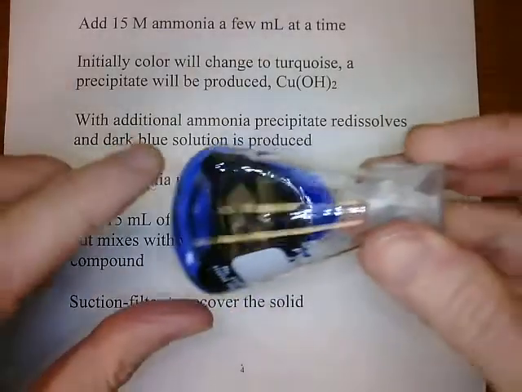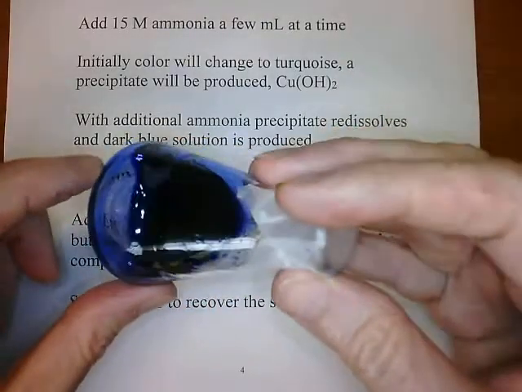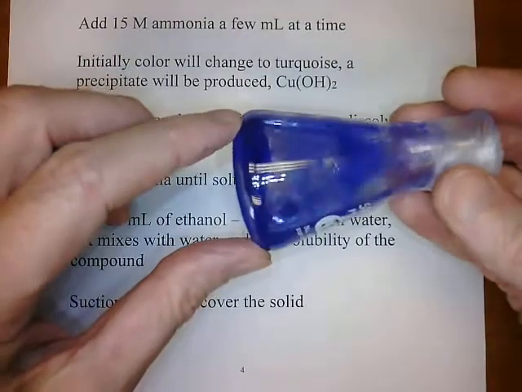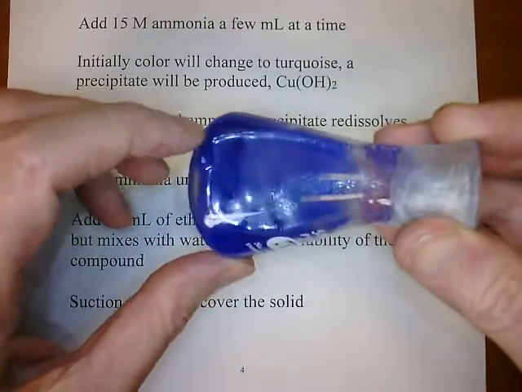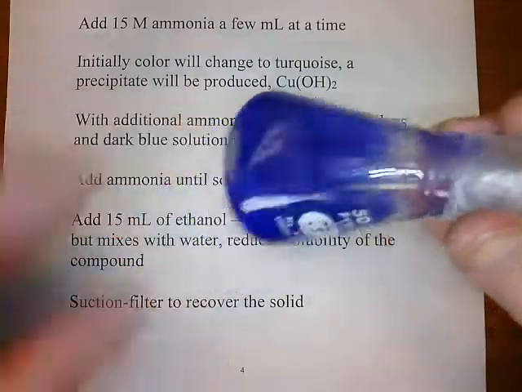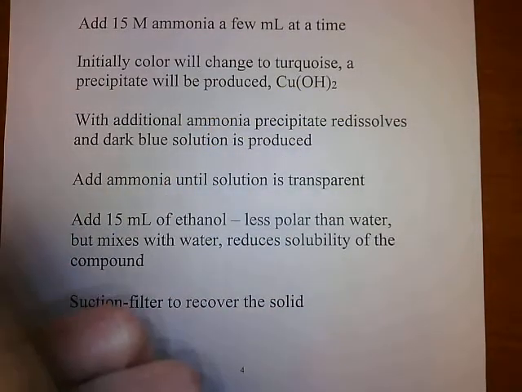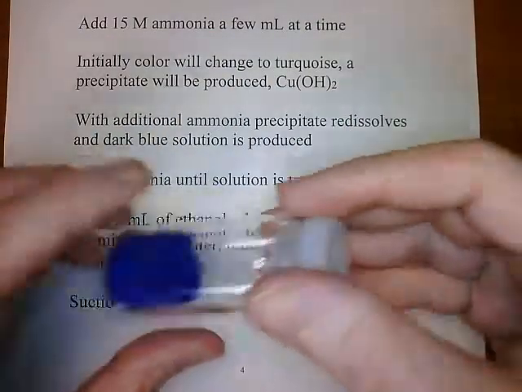Keep adding ammonia, and your precipitate redissolves, and you get this dark blue transparent solution. Then you add the ethanol. That reduces the solubility, causes the compound to precipitate out, and you suction filter it to recover the solid. And ultimately your solid looks like this after you suction filter it off.